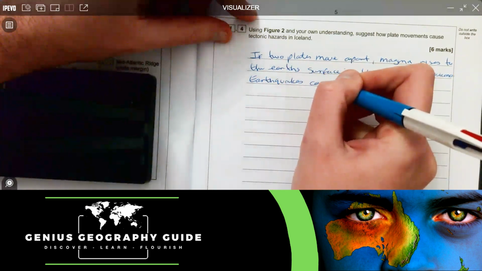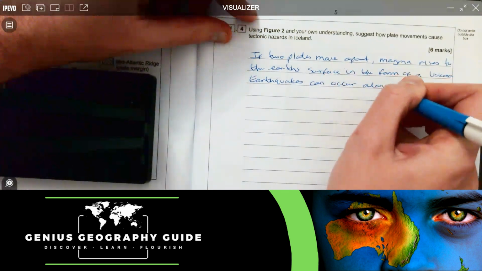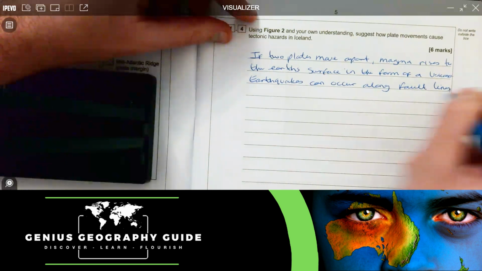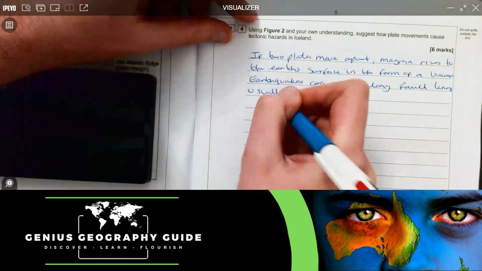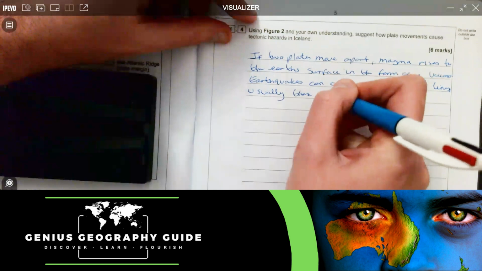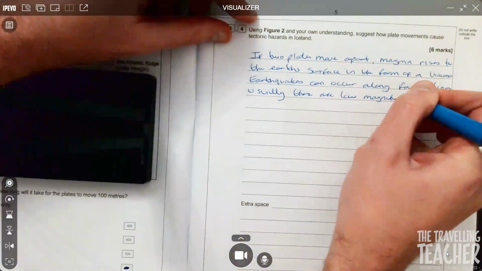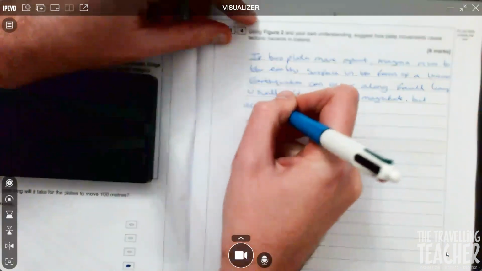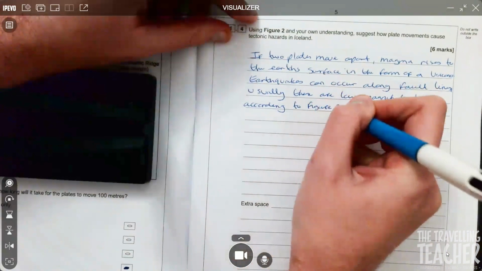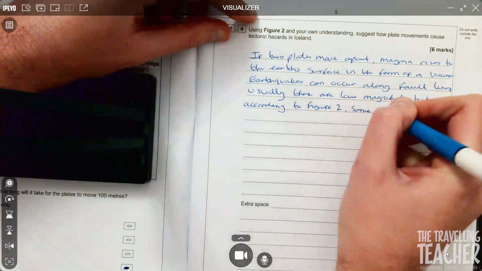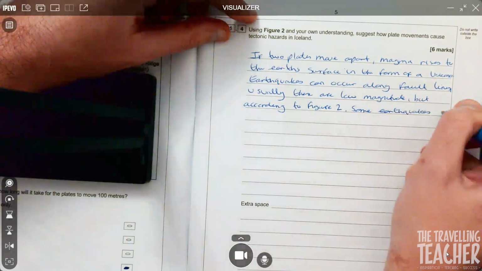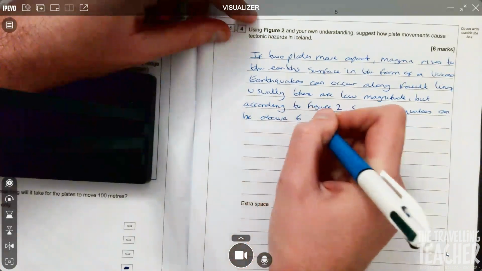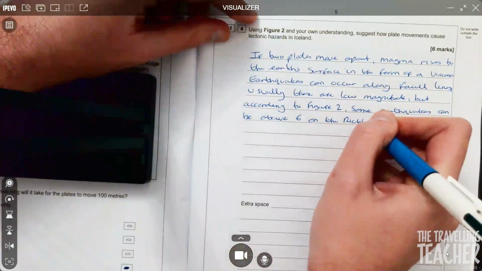Earthquakes can occur along fault lines, usually these are low magnitude, but according to figure two, some earthquakes can be above 6 on the Richter scale.